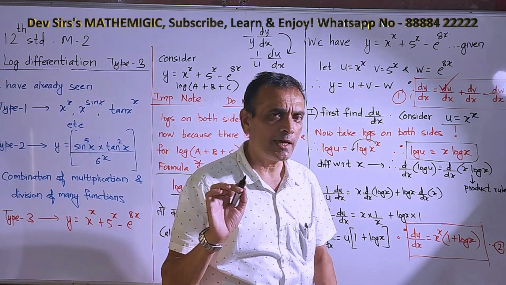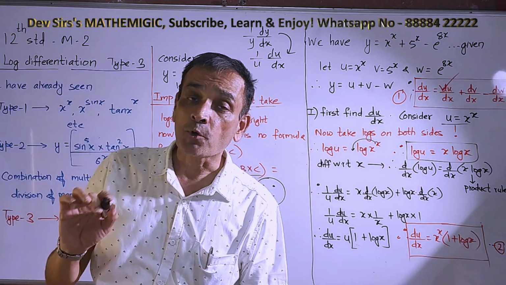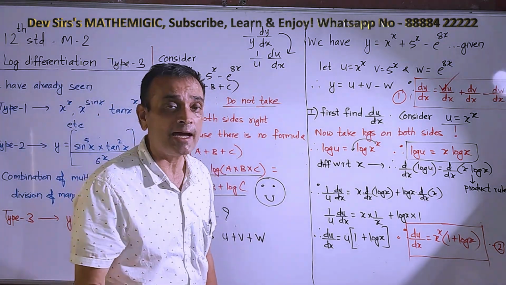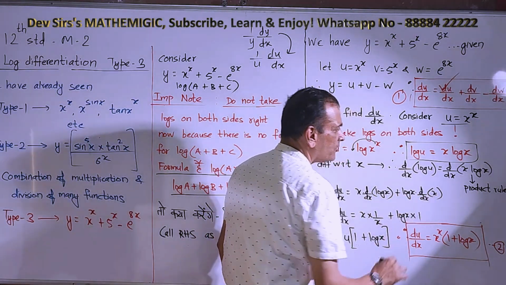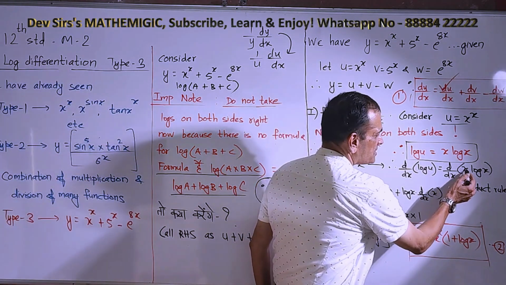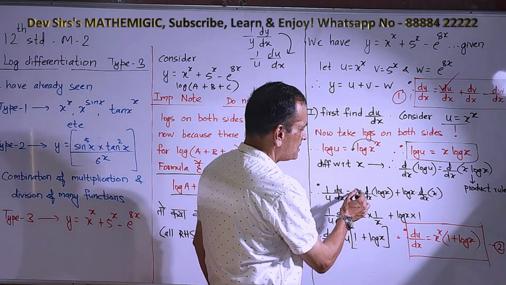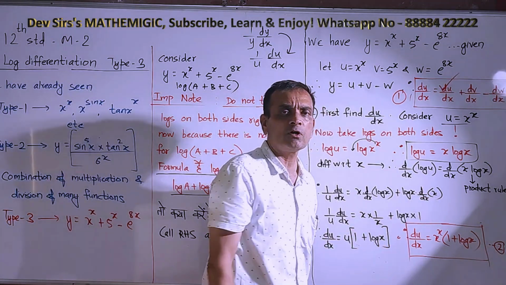Right hand side परसों क्या लिखा था? x into log x means product of two functions. Product of two functions का derivative means product rule. Product rule क्या है? First function derivative of second plus second function derivative of first. यहाँ पे देखो. First function derivative of second plus second function derivative of first. So x into d by dx of log x plus log x into d by dx of x. बात खत्म.